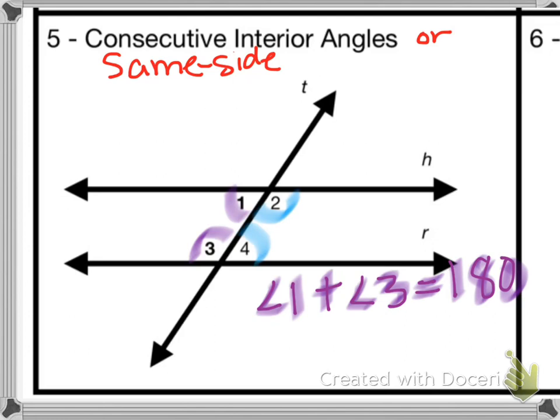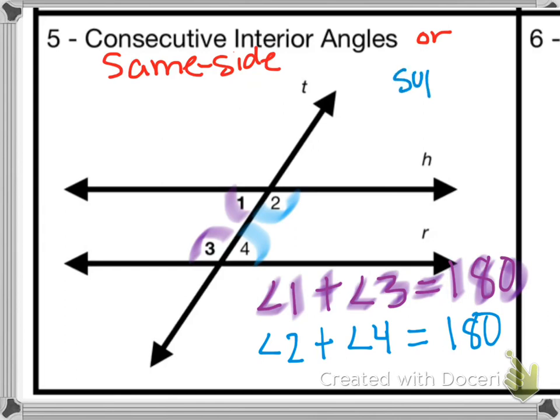So here we know that angle 2 plus angle 4 are going to be 180. And so remember, yesterday we learned that when two angles add up to 180, they're simply called supplementary. So these are going to be supplementary angles, meaning they add up to 180 degrees.